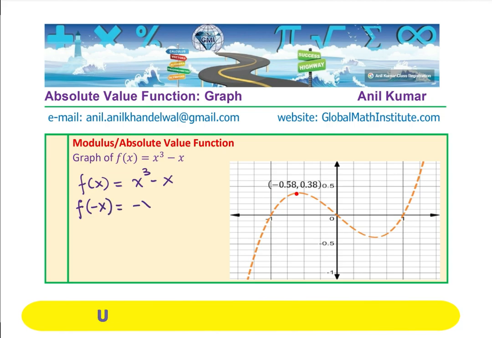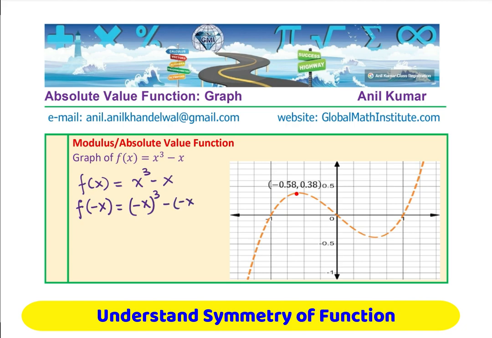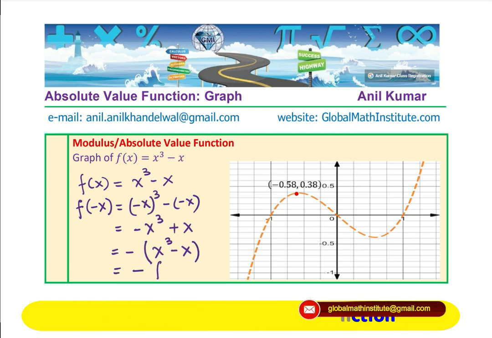It will be minus x whole cube minus of minus x. That gives you minus x cubed plus x. If you take minus common, we get x cubed minus x. So that means it is minus of f of x, and that means it has odd symmetry.